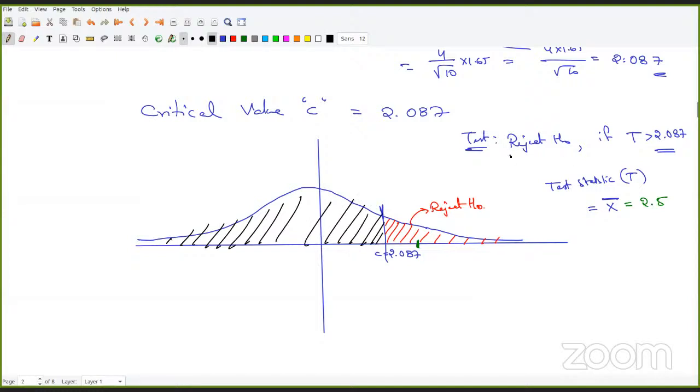You reject H0 if your test statistic value is above 2.087, so the acceptance is T less than or equal to 2.087. This is the region in which we accept H0, and this is the region in which we reject H0. If your test statistic is 2.5, for this green value we are going to reject H0. What if your test statistic value is somewhere around 1.5?